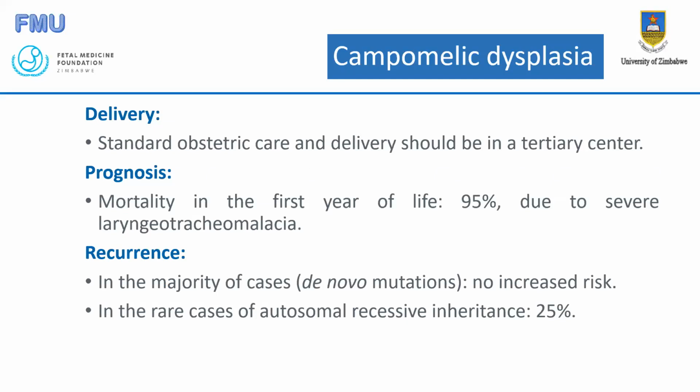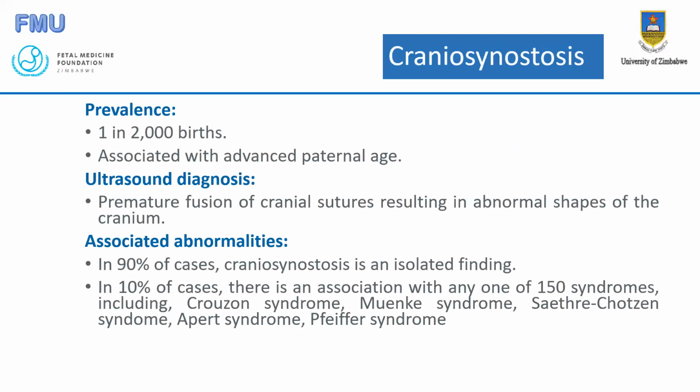Laryngotracheomalacia is a condition where the larynx and trachea are very soft and they collapse with usually breathing in or breathing out, one of them. In the majority of cases, which are de novo, there's no increased risk. But in the autosomal recessive type, it's 25%.